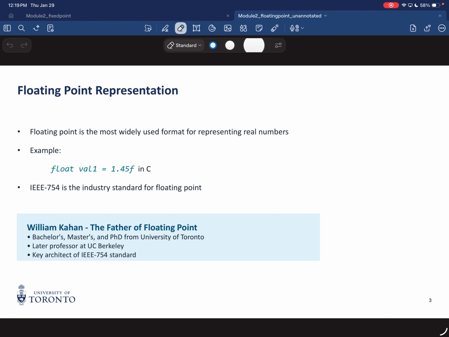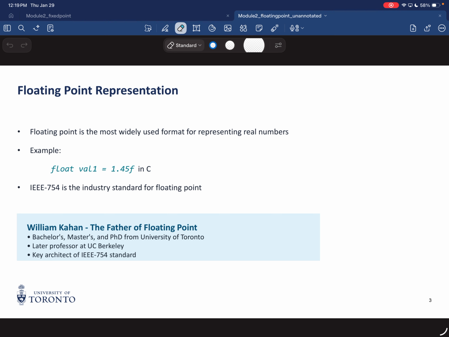Floating point is the most widely used format for real numbers, but as you will see, it requires special hardware. It's not that people don't like floating point. It's expensive. You have to spend money and chip area on it to afford it. But there are lots of benefits compared to fixed point.